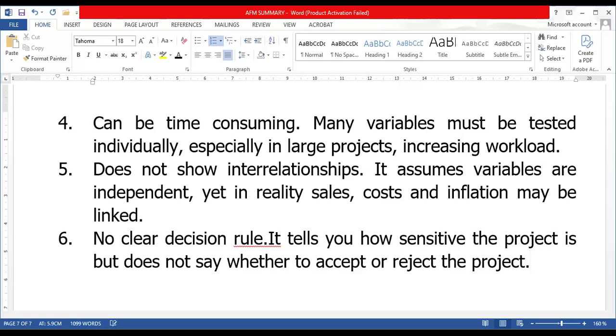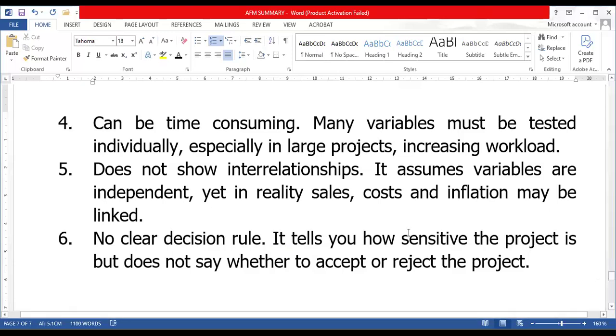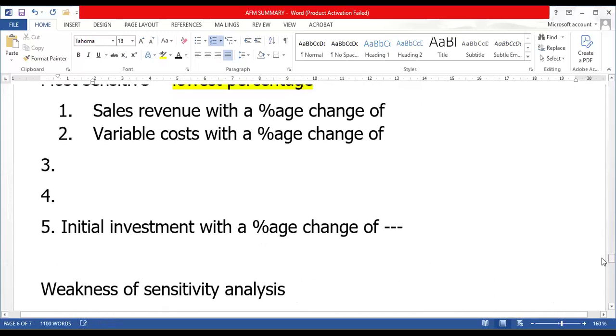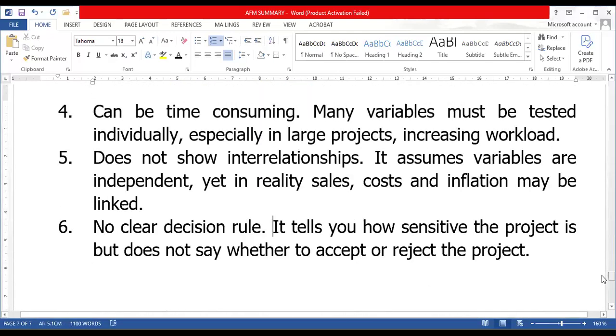Because here we are saying that this is most sensitive, and you will end up getting a negative NPV or an NPV of 0. But can you go ahead and accept or reject? This model does not tell you that. It just tells you how sensitive the project is to the variables, but it does not give us the decision rule.